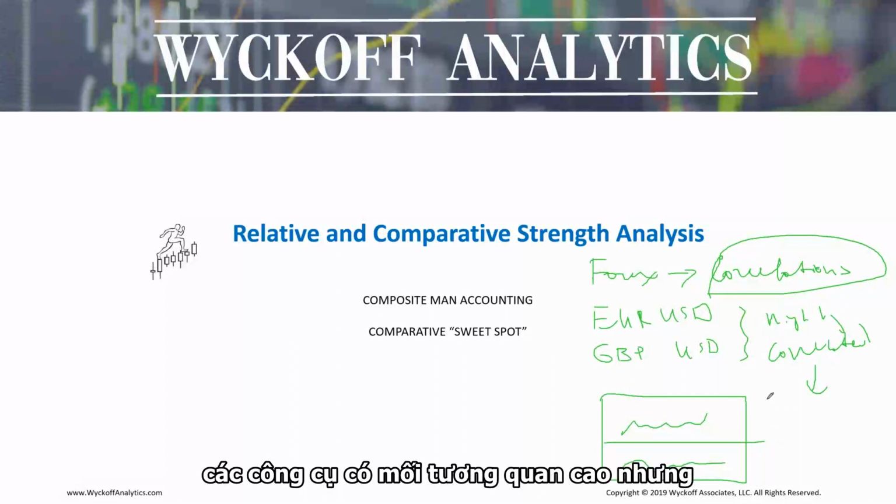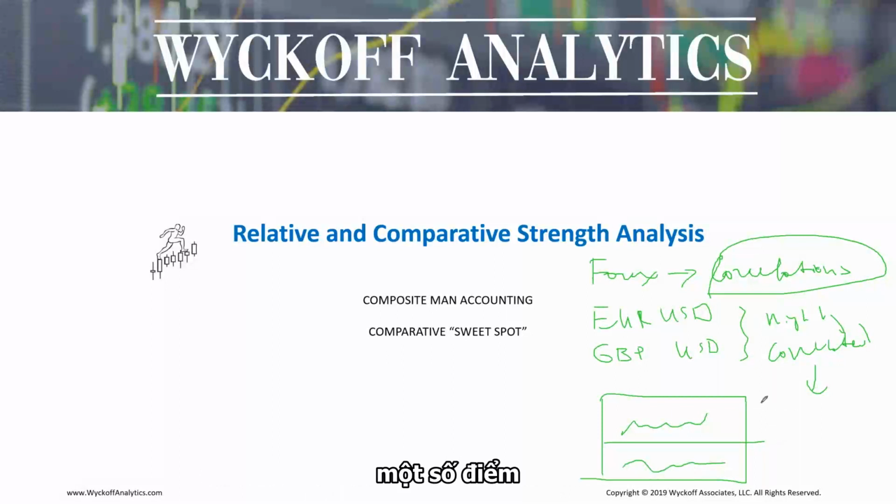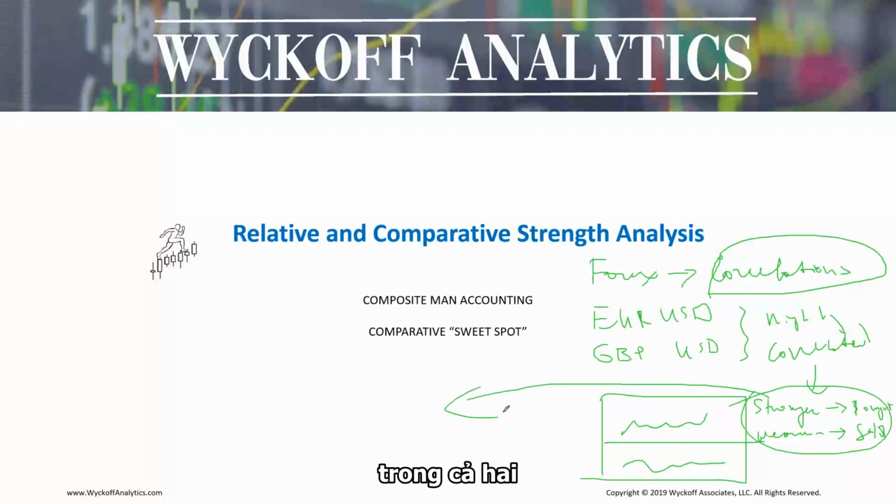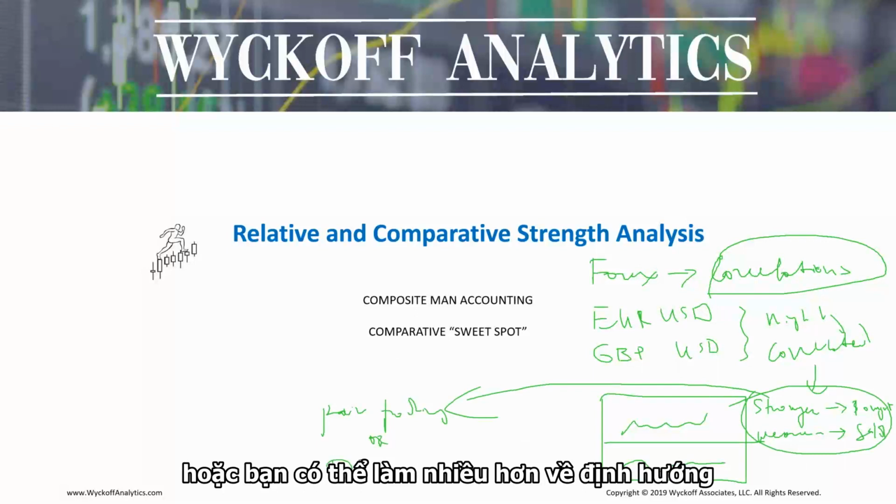But at some point, a stronger pair is to be bought, and then a weaker pair is to be sold. And you could use this strategy in both, let's say, pair trading, or you could do more of the directional trading.